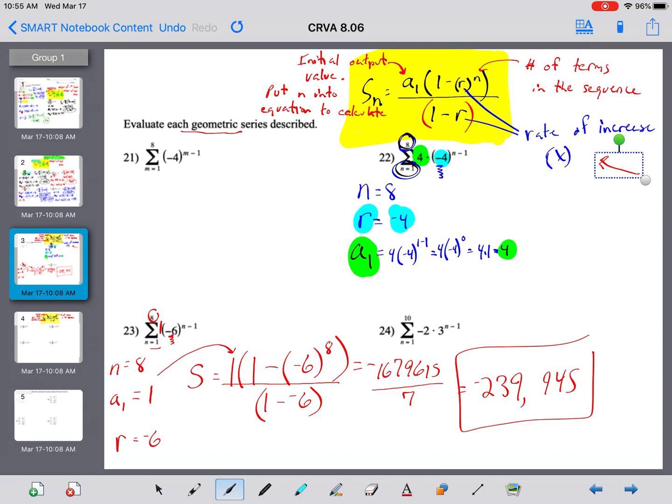All right, so here we go. Initial term is 4 times 1 minus, in parentheses, the rate, close parentheses, raised to the power, which is the number of terms, close your parentheses. Punch that into your calculator.